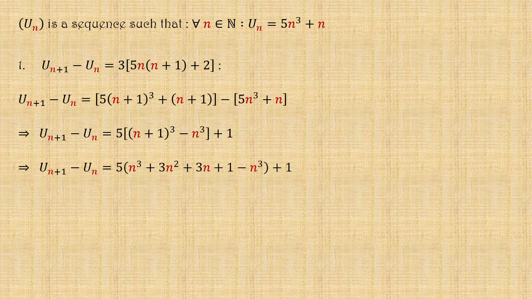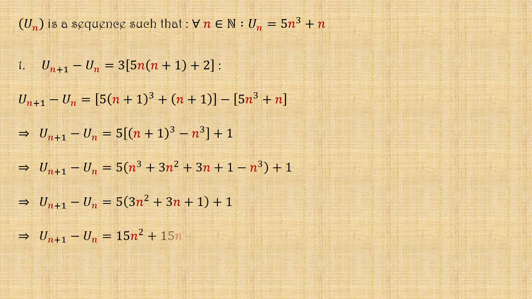As the terms n cubed and minus n cubed cancel out, we find that u_(n+1) minus u_n equals 5 times (3 times n squared plus 3 times n plus 1) plus 1. By expansion, we find that u_(n+1) minus u_n equals 15 times n squared plus 15 times n plus 5 plus 1, which equals 3 times 5 times n(n+1) plus 6.